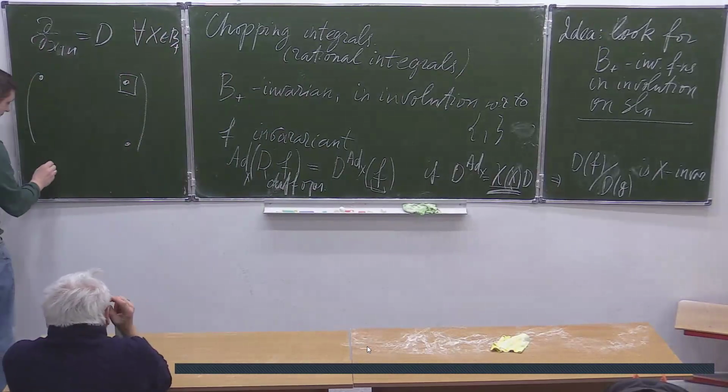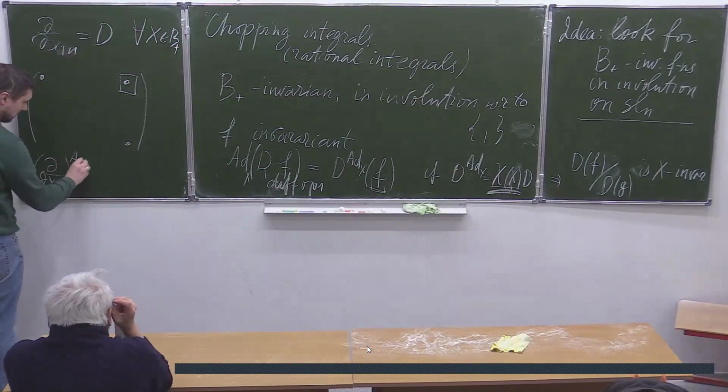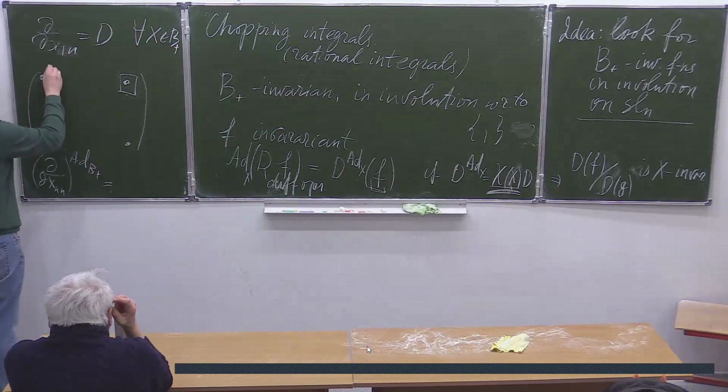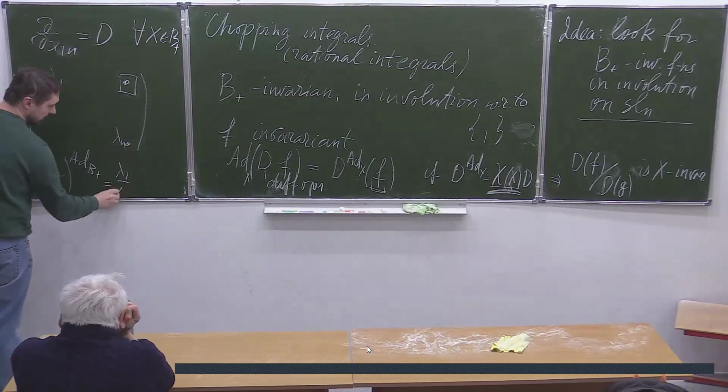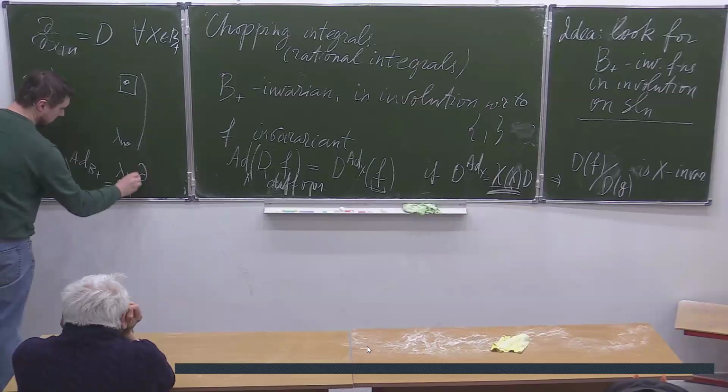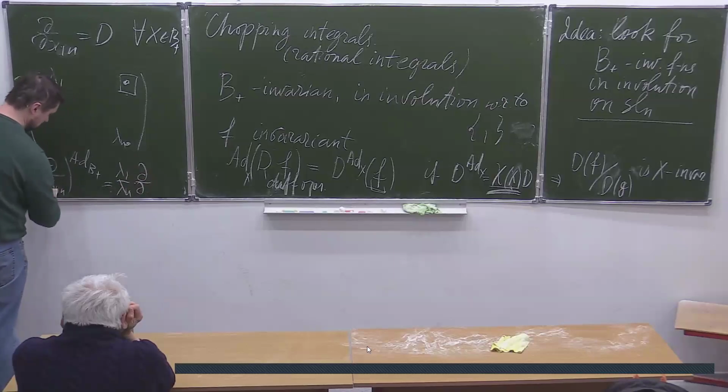And let's say that d over dx_{1n}, when we use the adjoint action by an element in B plus, will be equal to the ratio of lambda 1 and lambda n times d over dx_{1n}.